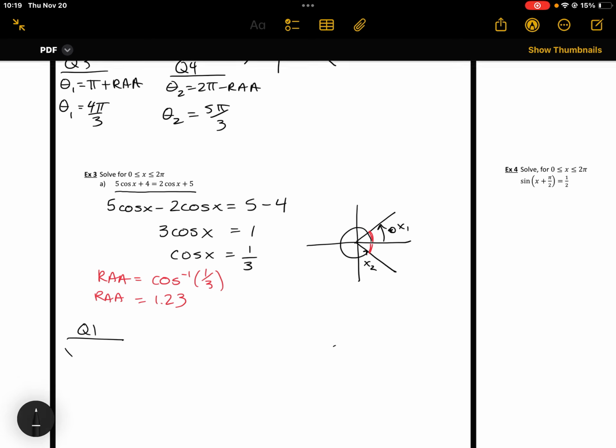So in quadrant 1, my solution is just equal to the related acute angle, which is 1.23. And in quadrant 4, my solution is 2 pi take away the related acute angle, which gives me a solution of 5.053.